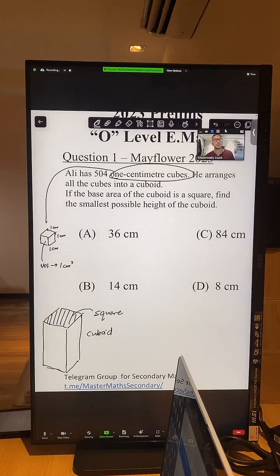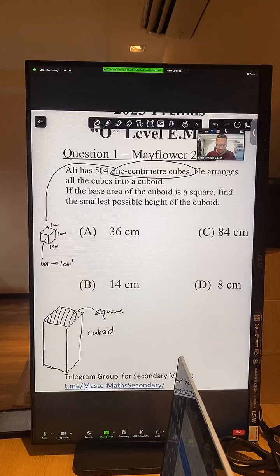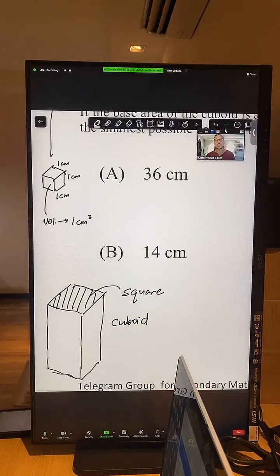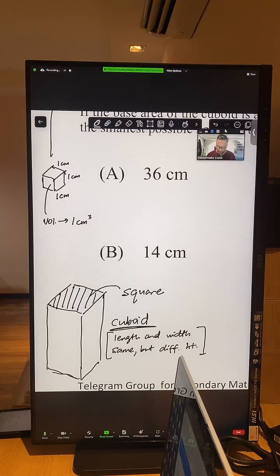The difference between a cuboid and a cube is, for your cube, your length, width and height are all the same. But for a cuboid, the length and the width are the same, but the height is different. So I'll write that down here: cuboid, length and width or breadth same, but different height. This is the definition of a cuboid.